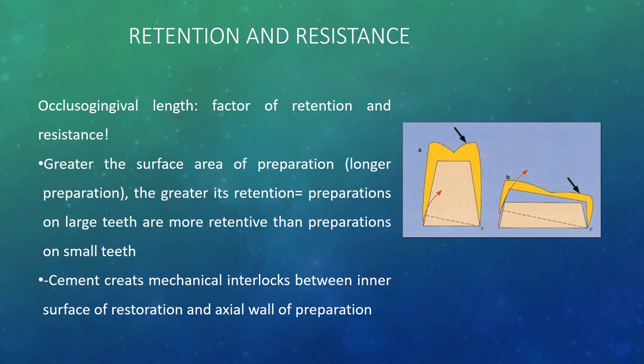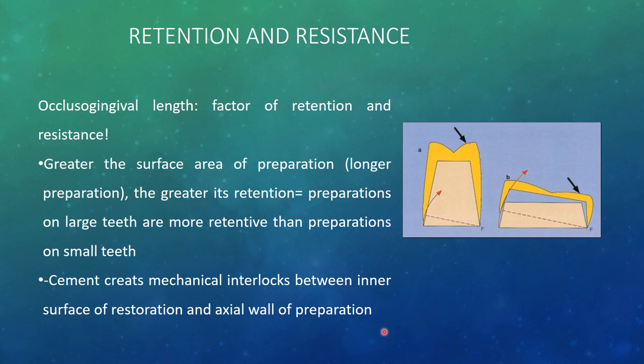Okay. Coming to retention and resistance, occlusogingival length is an important factor of retention and resistance. The greater the surface of preparation, the longer the tooth, the greater the retention. So preparations of large teeth are more retentive than preparations of small teeth. Cement creates mechanical interlocks between the inner surface of the restoration and the axial wall of the preparation.